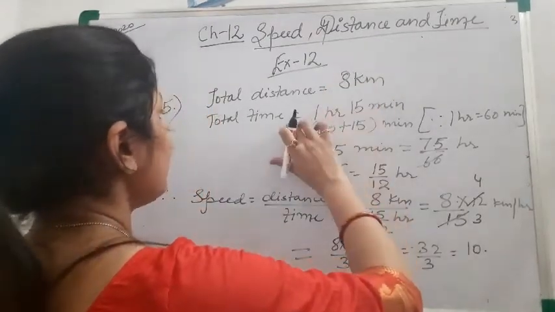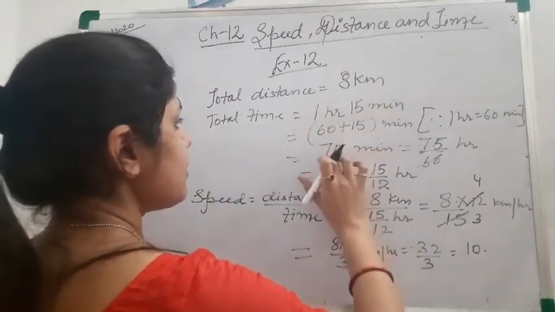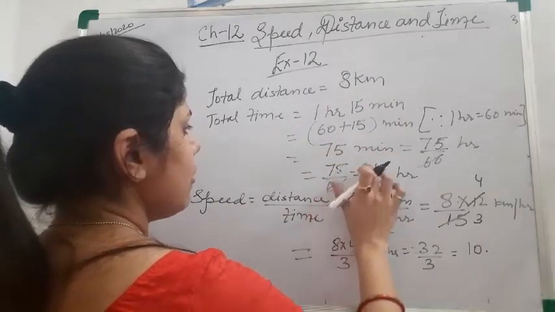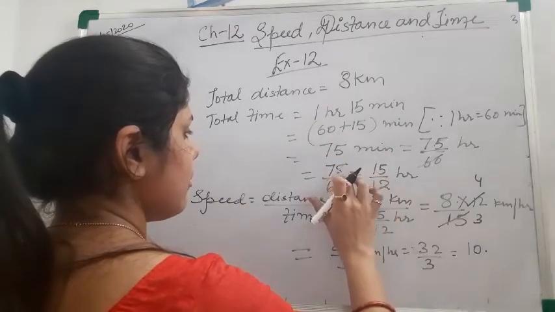Again something is wrong here. 1 hour 15 minutes, 60 plus 15, 75 upon 60.